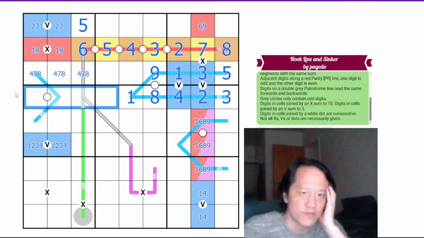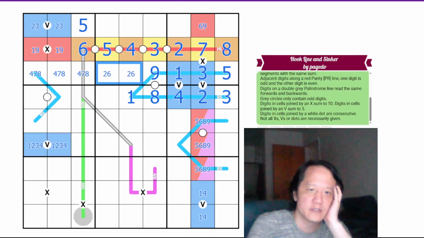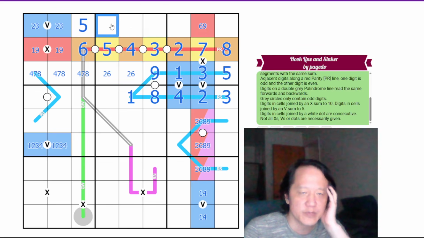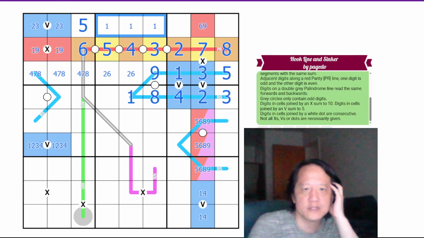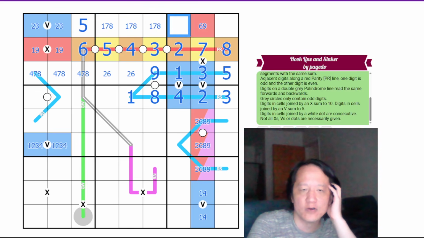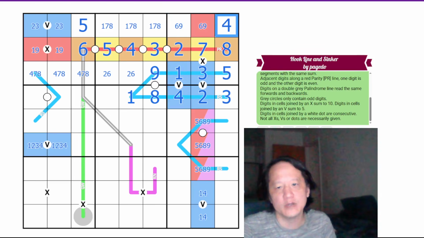Remaining digits of row 3, then, have to be 2 and 6. Remaining digits of this upper central box have to be 1, 7, and 8. And this upper right-hand box must be 4, 6, and 9. No 4 here because of 4 in the column, so 4 has to be here.